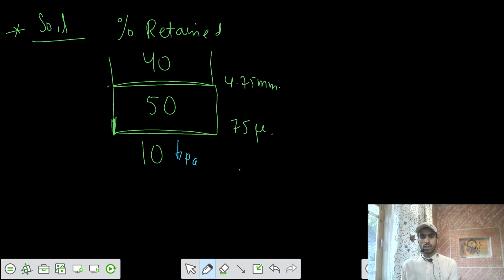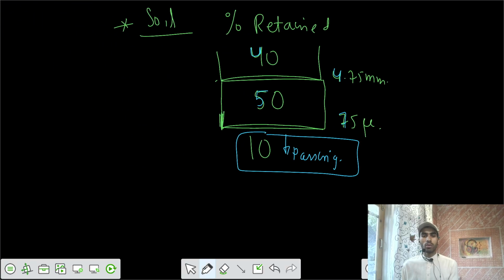So that means 10% of the total is passing the 75 micron, 40% is retained on 4.75, and 50% is retained on 75.